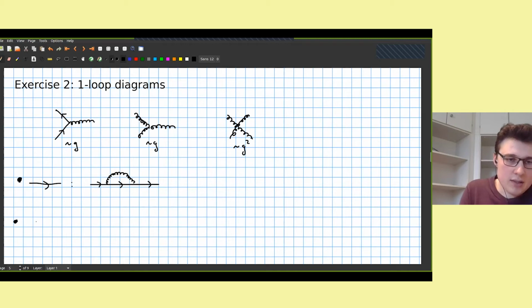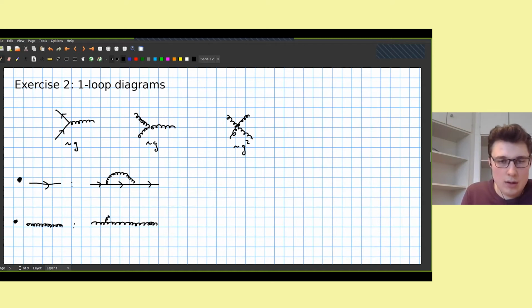But of course, things become a bit more complicated for the gluon propagator. You see that these two vertices look quite similar, and of course they produce graphs with the same shape.